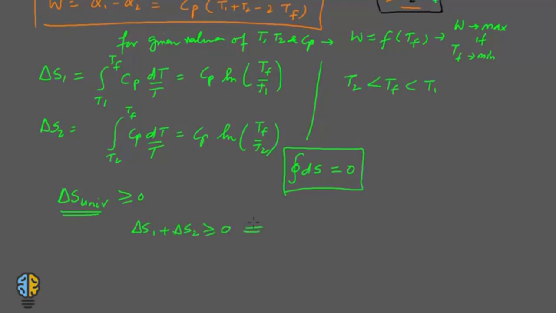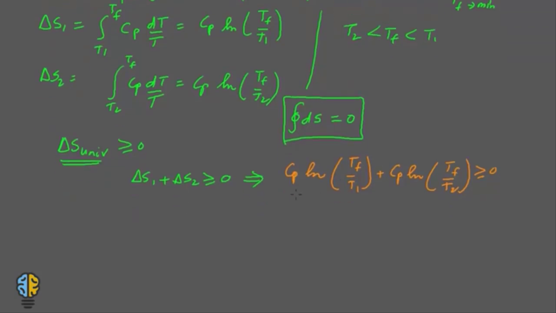You just put in the values of delta S1 and delta S2, and we would get Cp log Tf by T1 plus Cp log Tf by T2, and this is a positive value.